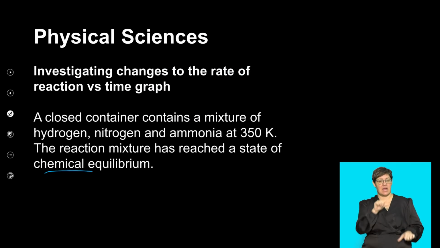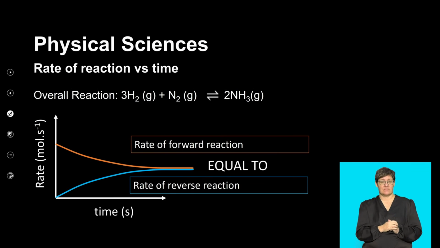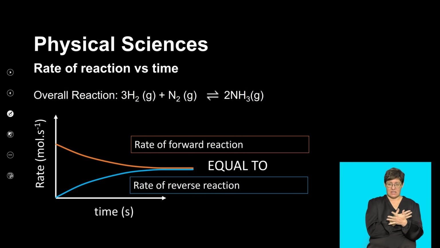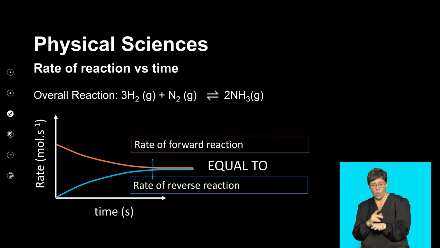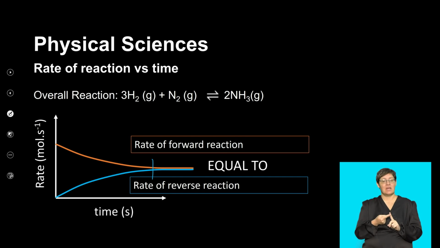The system is in chemical equilibrium, and now what we need to remember from rate of reaction graphs is, we've dealt with this graph a little earlier, that we said in the beginning it will be fast, then a bit faster, then slower, until a point where the rate of our forward reaction is equal to the rate of the reverse reaction. At this point, the system is at chemical equilibrium.